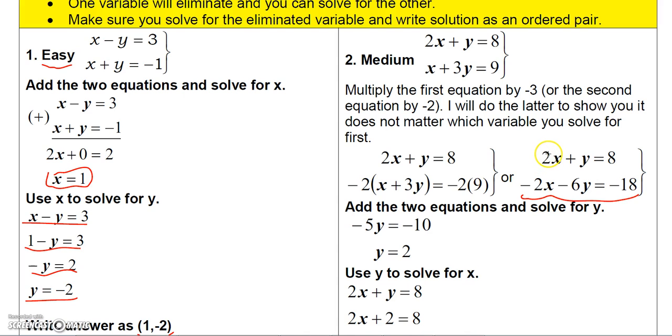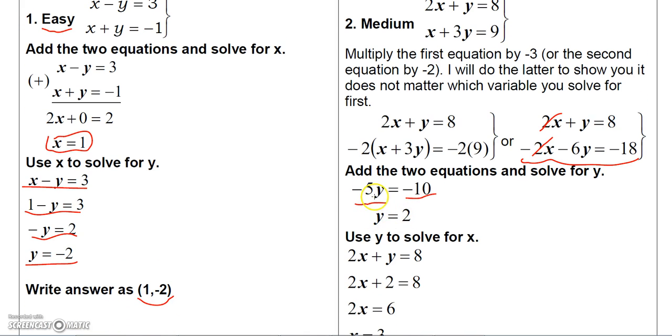So now I can add these two equations together, and when I add 2x plus negative 2x, they just cancel. Then add y plus negative 6y, and I get negative 5y. And if I add 8 plus negative 18, I get negative 10. So I get negative 5y equals negative 10. Then divide both sides by negative 5, and y will equal 2.